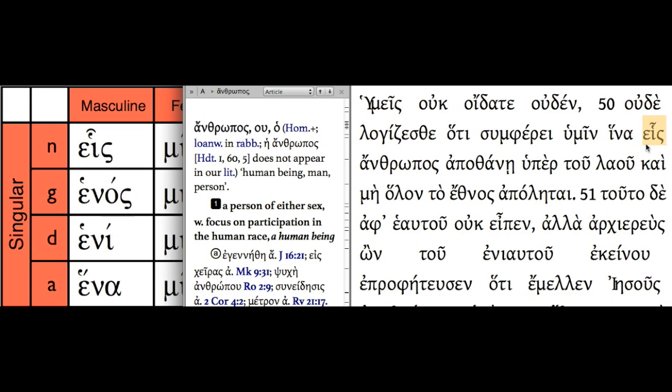Here's heis. Heis, so what form of one is this? Well, nominative singular masculine, right? So we would expect a nominative singular masculine subject, which is exactly what we get. One man. So again, in Greek, the case, number, and gender of the modifiers always match the case, number, and gender of the nouns they modify.